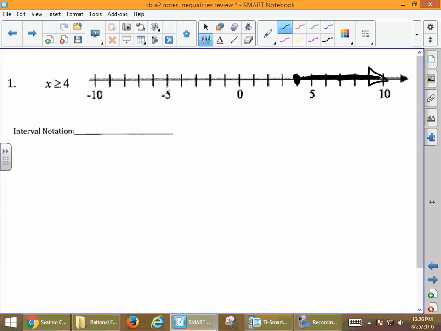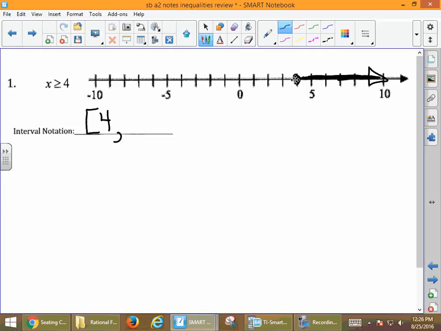Then when we deal with interval notation here, sometimes it looks kind of like an ordered pair. We started our graph at 4, and because there's an equal to, it says x is greater than or equal to, we're going to put a bracket in there.